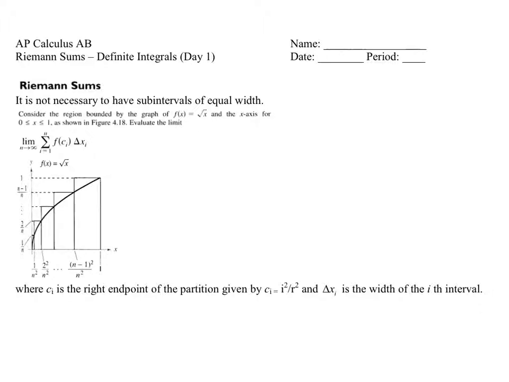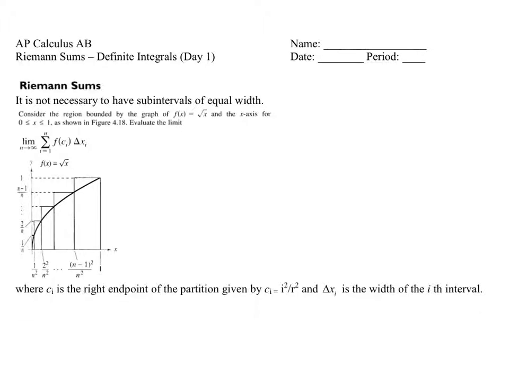But even if we started with different widths, if we took the limit as n approached infinity, all of those widths would be approaching 0. So it doesn't matter if one was a quarter unit wide, one was 3/8 of a unit wide, and the other was 5 units wide.